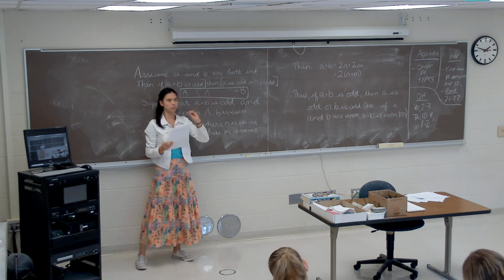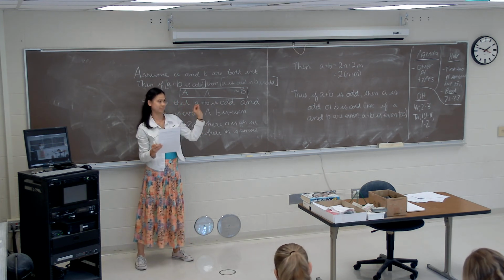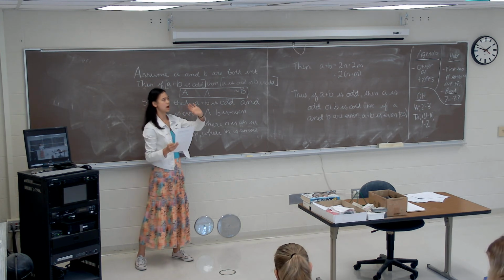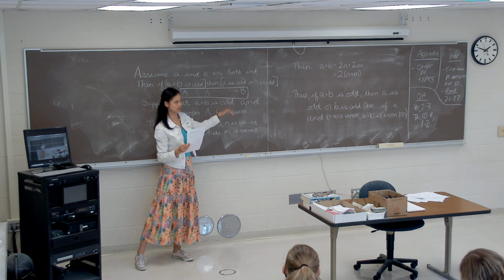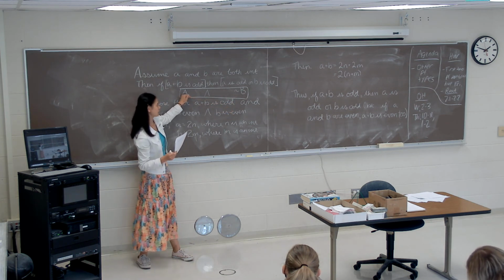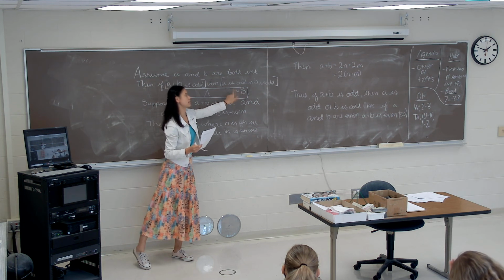So when we did the truth tables with A and B implications, A implies B is true in every circumstance except when A is true and B is false, so not B is true.